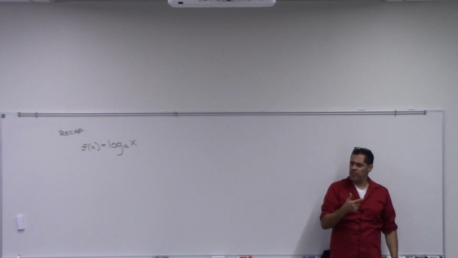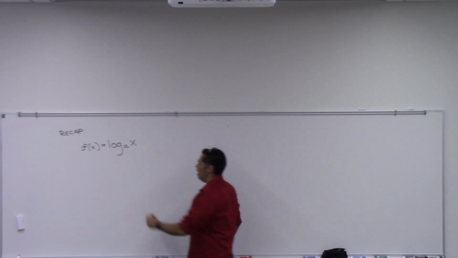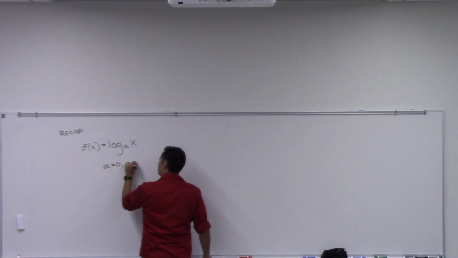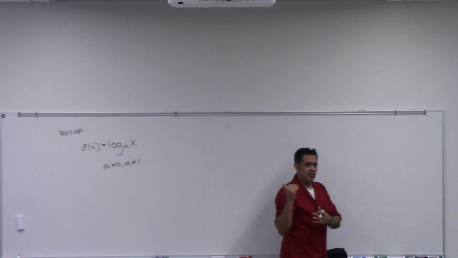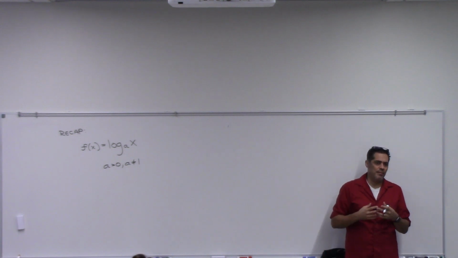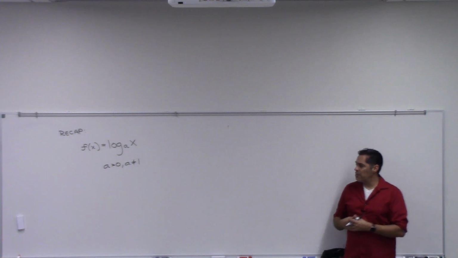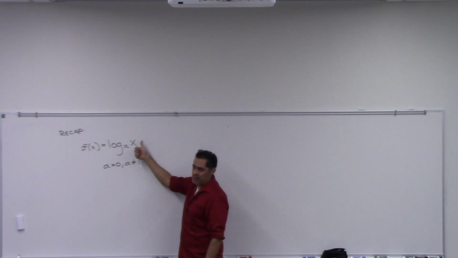And weren't there some restrictions on that a back with the exponential functions? What was the restriction on the a? It can't be 1 and it has to be positive. Those restrictions are also implemented here. You cannot have a base that's something other than a positive number, or it can't be 1 either. Okay, so as long as this base is some positive number and not 1, then this is defined.